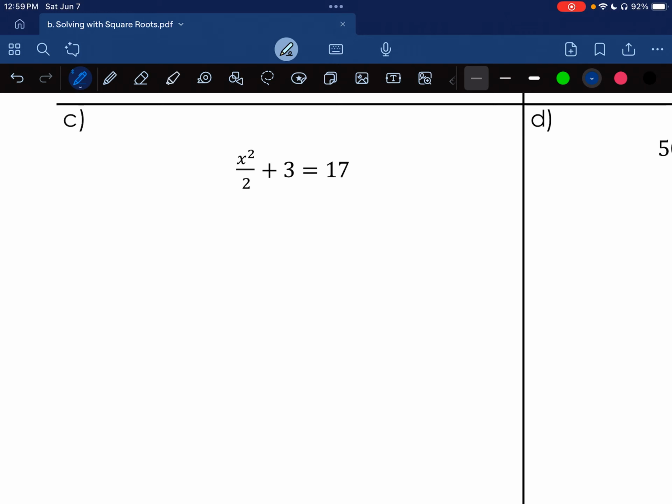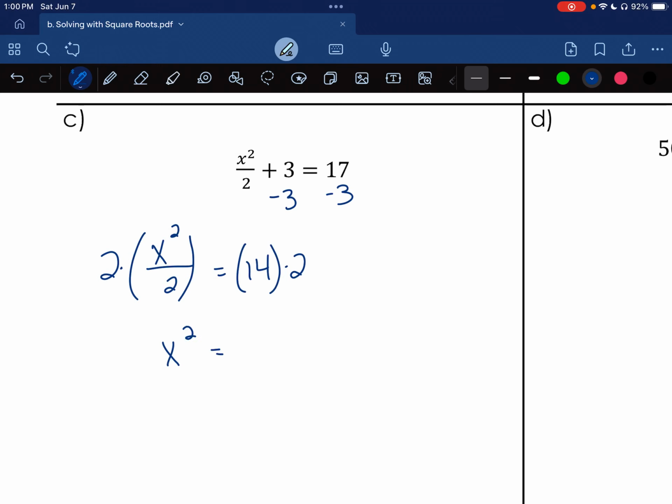Welcome back. All right, we are going to subtract 3 to get going here. So I've got x squared over 2 is equal to 14. I'm going to multiply by 2 on both sides. I'll get x squared is equal to 28.